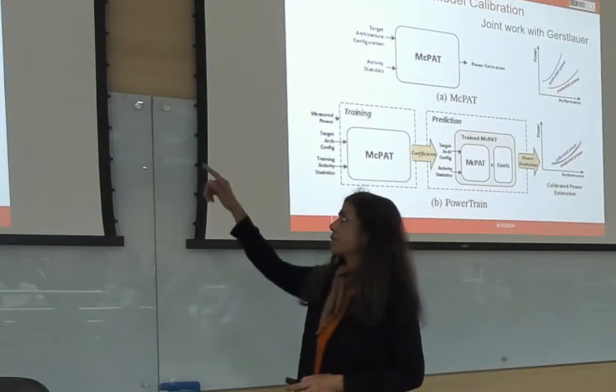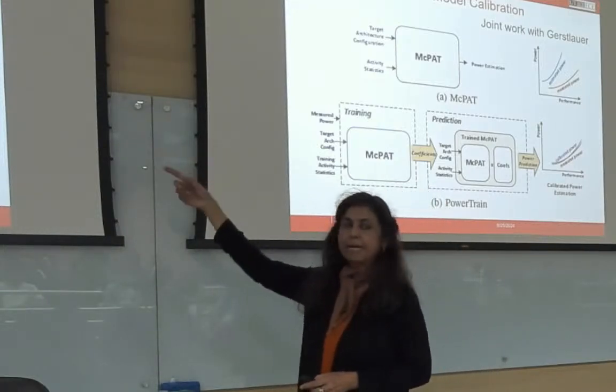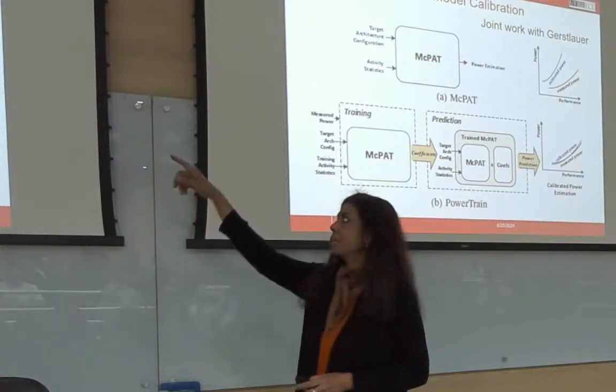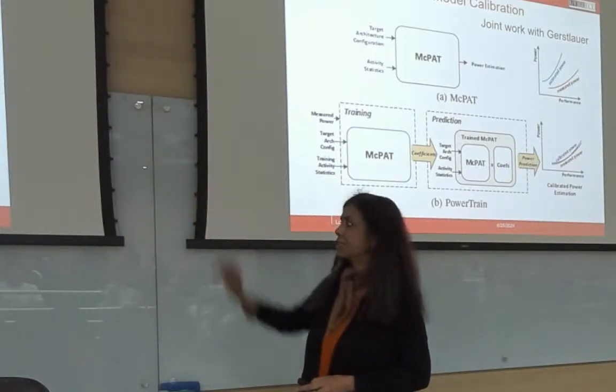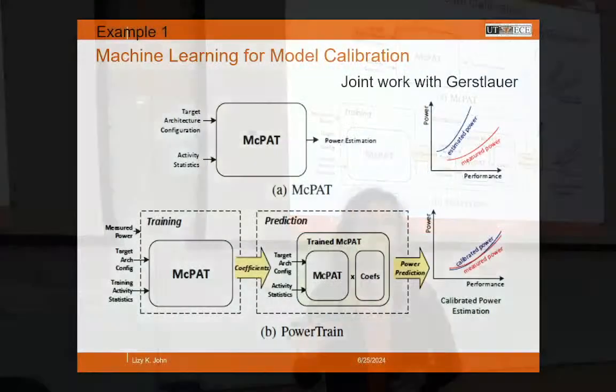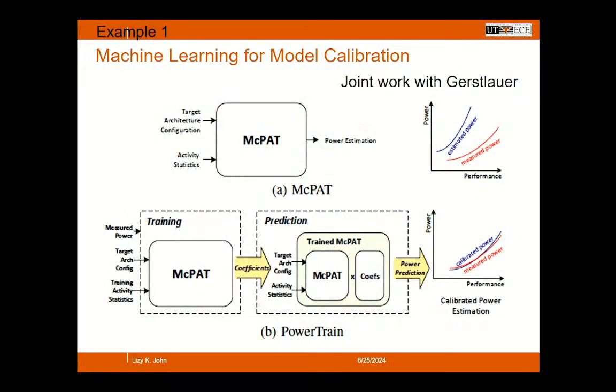So the real measured power is the red line, and McPAT's modeled power is the blue line. But we can run many workloads on both and try to see the correlation for the error. So from the workload features, if you can derive the error, then you can correct it.